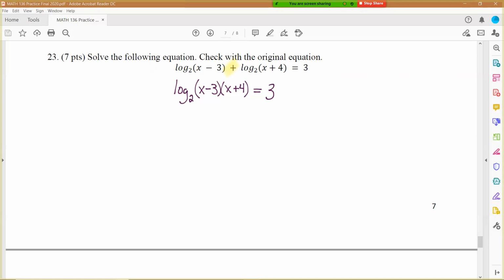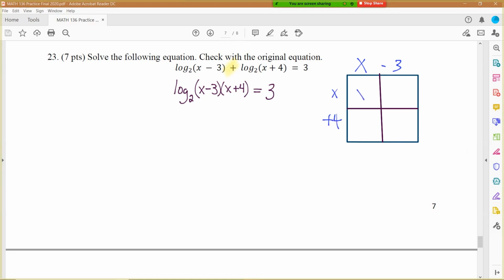What would you prefer? Now? So we're going to go over here to the side and we're going to box them together. So I'm going to box x minus 3 and x plus 4.